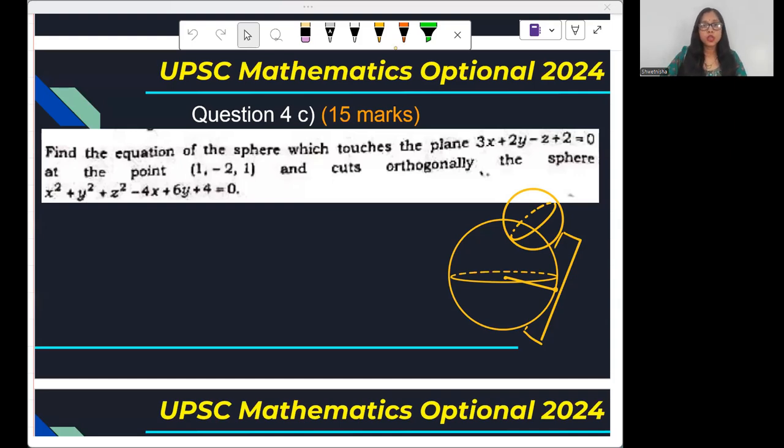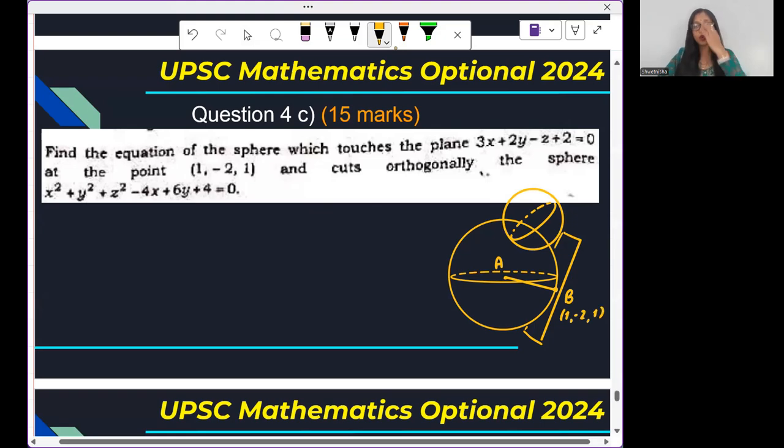Now you see, if I take this point to be B and this point to be A, this B point is (1, -2, 1). Look carefully. Can we find the equation of AB? That is very easy to find because I have a point B on AB given, and I know the direction ratio also.